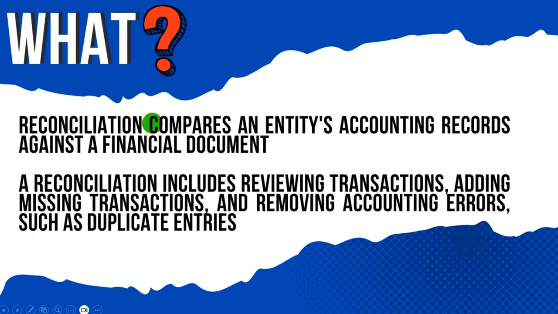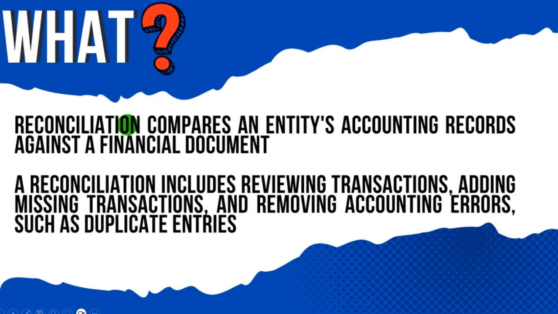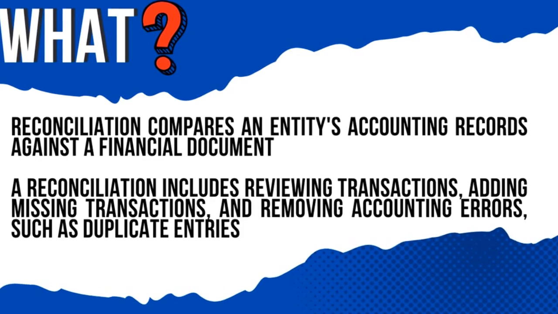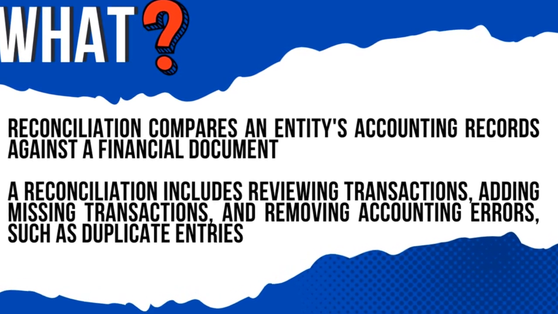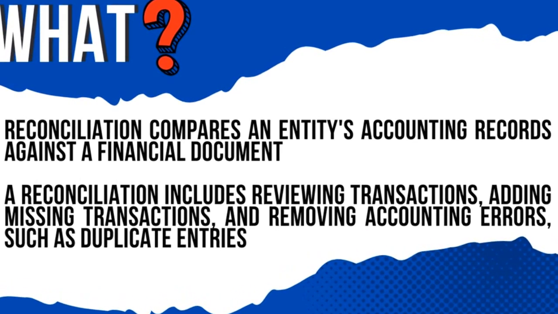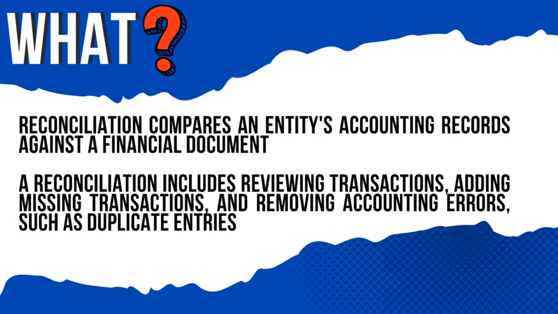And this first sentence at the top here, the paragraph says, reconciliation compares an entity's accounting records against a financial document. So it could be, as an example, that in the accounting records, there is a bank account or a loan account.